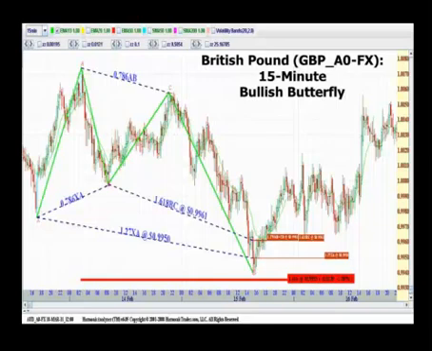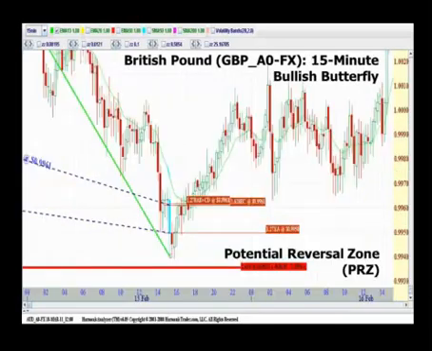If we were looking at this pattern and we were waiting for the entire potential reversal zone to be tested, that immediate stabilization character that happens after the entire zone was tested is your early validation signal. Now maybe you wait 1 or 2 price bars, and again we'll look at other factors at trade execution, but in this case we're looking to always execute trades at or just below the potential reversal zone in bullish setups.